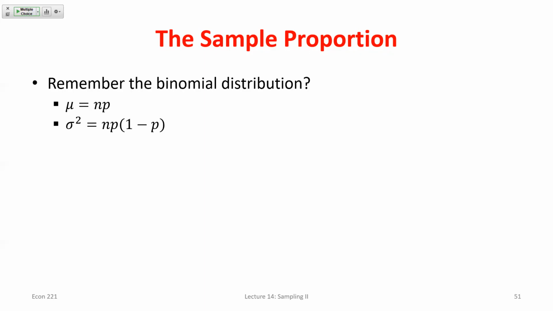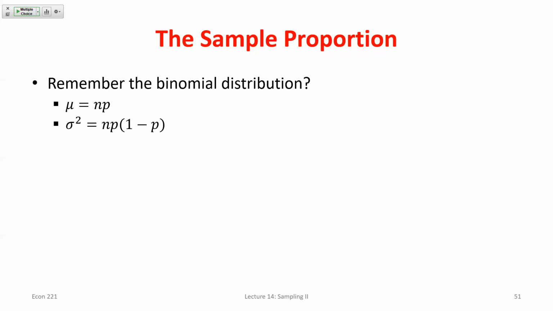So if we go back and remember with our binomial, this is what we were looking at there, success, failure. Well, the mean of my binomial distribution was n times p, and the variance of my binomial distribution was n times p times 1 minus p.